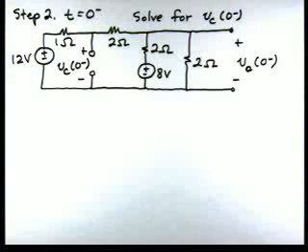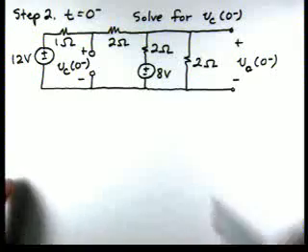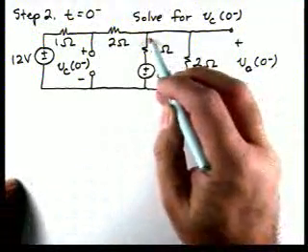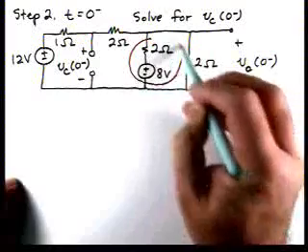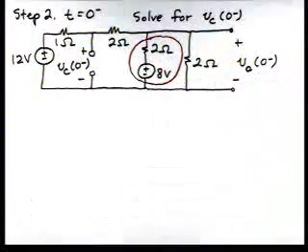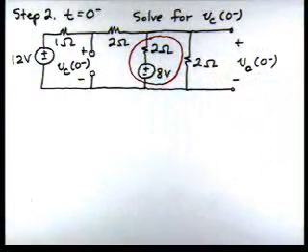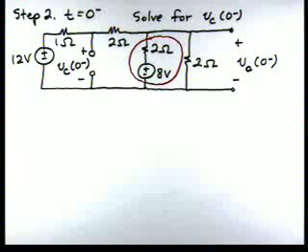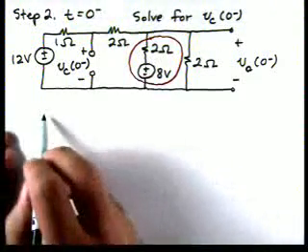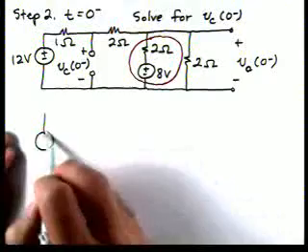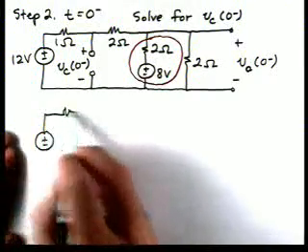And if we look at our circuit, we can use a number of techniques to solve it. For instance, let's utilize some source transformation. So let's take this part of the circuit. We have a voltage source in series with a resistor. Let's perform a source transformation, and when we do that, we can redraw the circuit as follows.